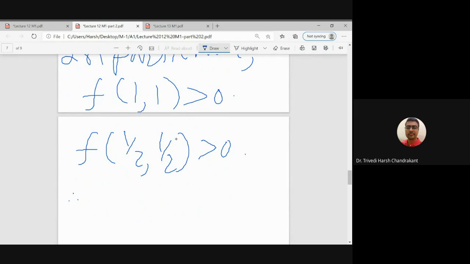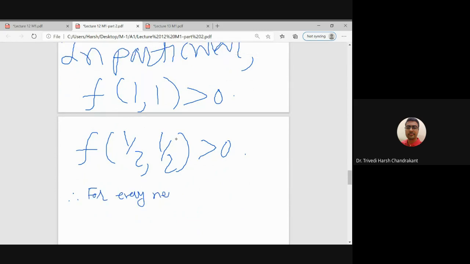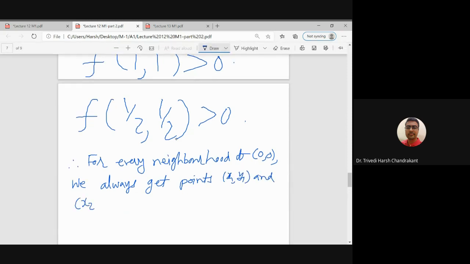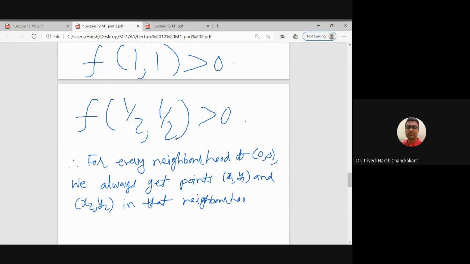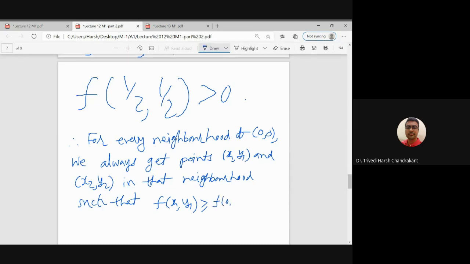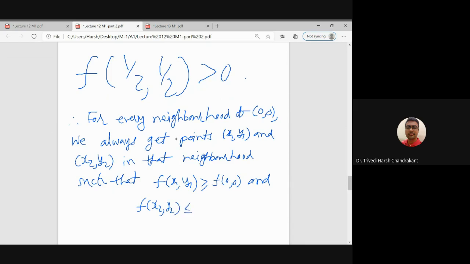So therefore, for every neighborhood of origin, we always get points x1, y1 and x2, y2 in that neighborhood, such that the value at one point is greater than or equal to f of 0, 0, and the value at the other point is less than or equal to f of 0, 0.